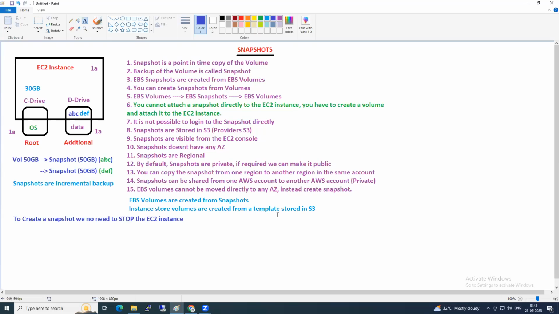First of all, how do you identify those 60 volumes? Using tags. Fantastic. For all the 60 volumes, can you give a similar tag?